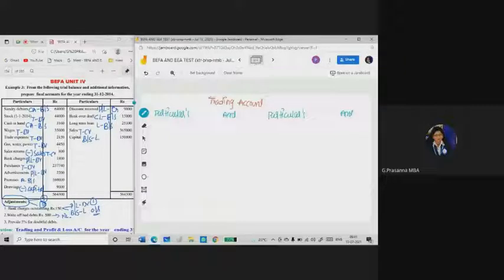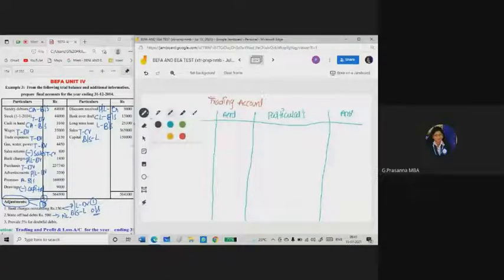Okay, this is the format of the trading account. Now let us see which entries belong to the trading account, and we will post them here. Sundry debtors does not belong to the trading account.